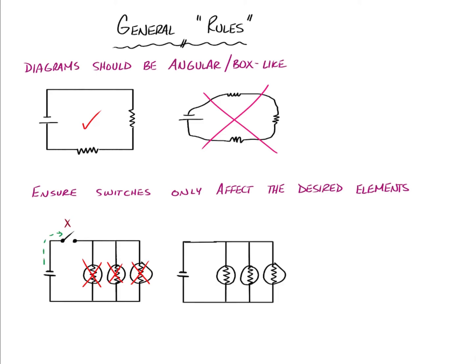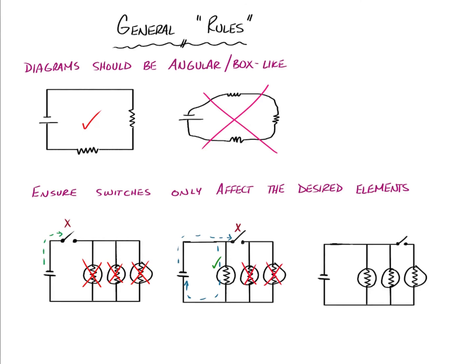However, if we want a specific situation where only, let's say, 2 of the bulbs are controlled, we have to make sure we place the switch at that location. By placing it there, it ensures that current can still flow through that first closed loop and that first bulb will light up, but those other 2 bulbs will in no way, shape, or form be lit. Similarly, if we place the switch in that location, we realize that 2 of the bulbs will still work, 1 of them won't.